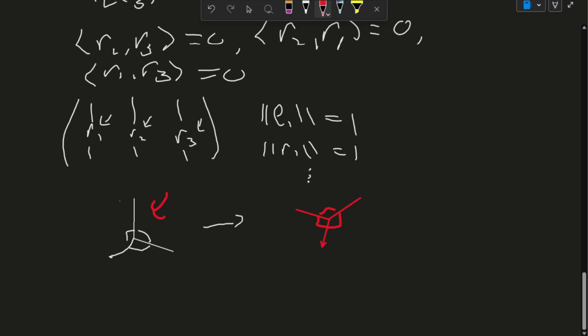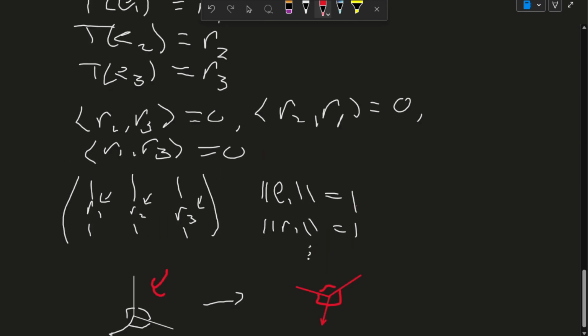So the fact that rotations don't make things longer doesn't mean that if rotations made things longer, they would not still be linear transformations. Linear transformations can make things longer, but they wouldn't be rotations anymore, right? It's the fact that rotating things doesn't make things longer, not that linear transformations can't make things longer, right?